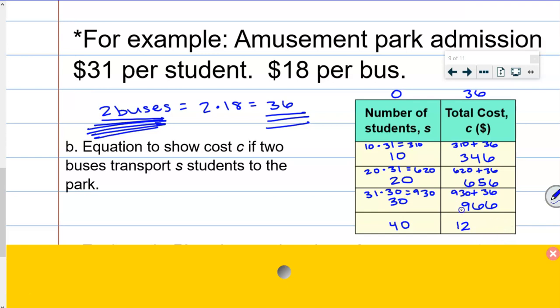Yeah. Please tell me how you got 1,276. I took the number of students that are all together on those 2 buses, and then I took the cost. No.